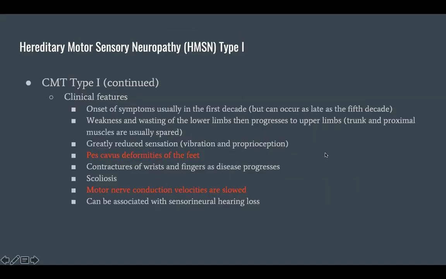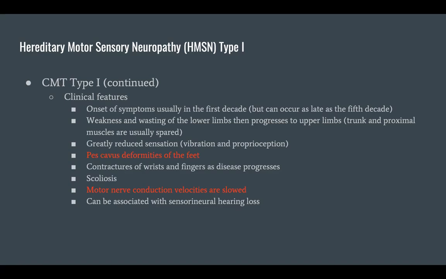Okay. So clinical features besides these gnarly nerves are going to be reduced sensation. It's going to be neuropathy. And then they've got this pes cavus deformity of the feet. If I was writing a test question, I would have a picture of this crazy looking foot, which is on the next slide. And then contractures of the wrist and fingers, so it's going to be similar to what the foot is going to look like. They'll have scoliosis because of contractures.